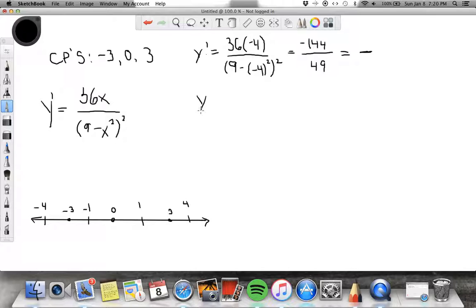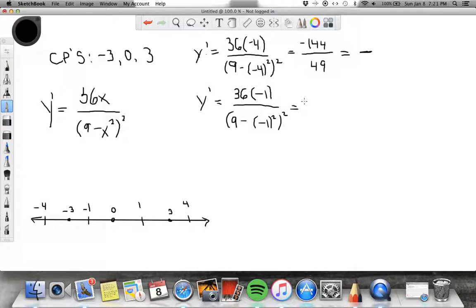Next, we are going to use -1, which is in between -3 and 0. So we're going to substitute that into our derivative. So we have 36 times -1 over 9 minus -1 squared, the quantity squared.